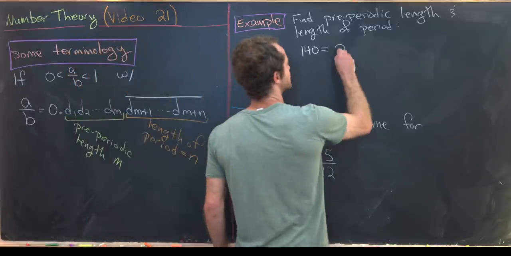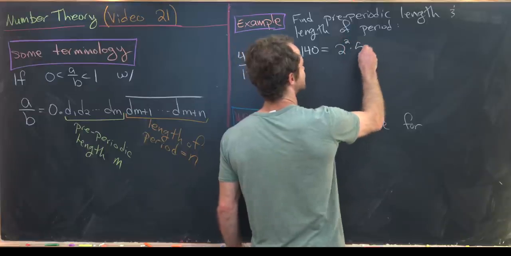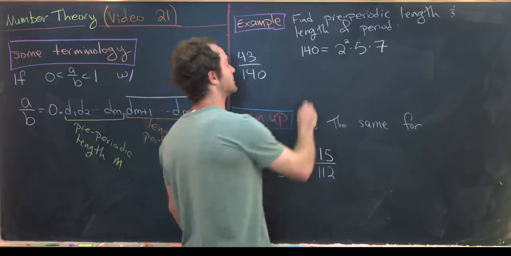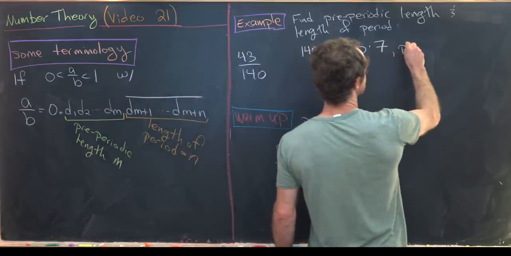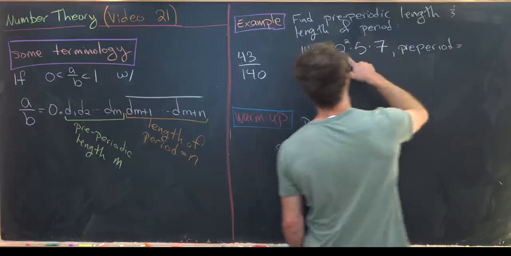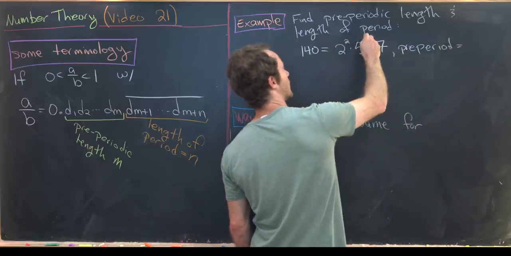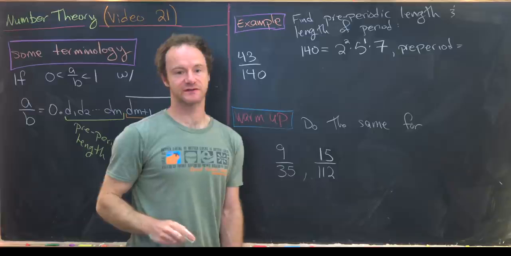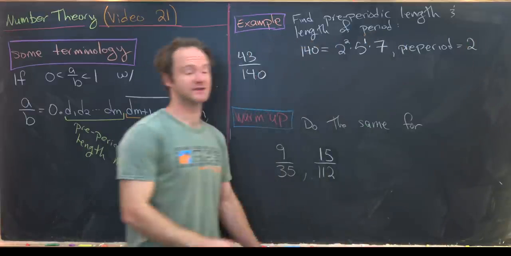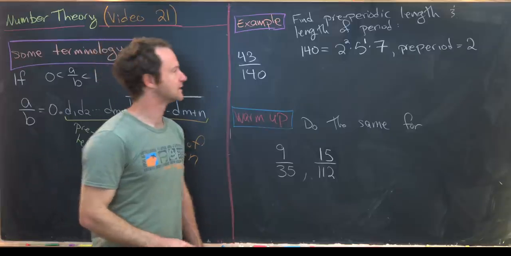So notice that this is equal to 2 squared times 5 times 7. From this, we can immediately see that the pre-period has length maximum of 2 and 1, given that 5 is equal to 5 to the first power. Like I said, the maximum of those is obviously equal to 2.